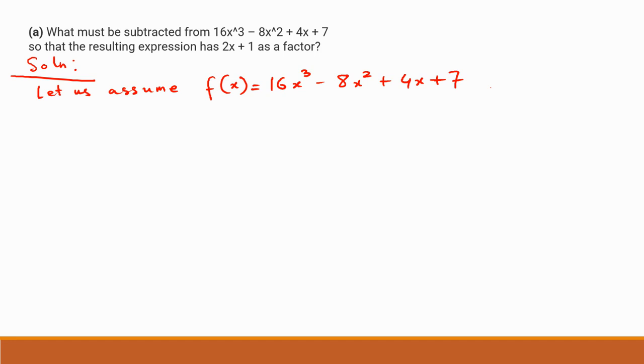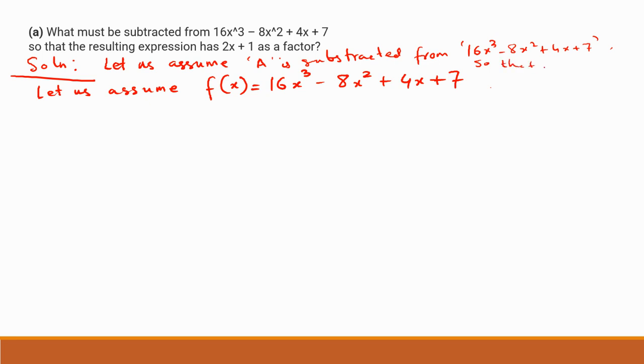What must be subtracted from this? Okay, I understand. We have to assume one more thing. Let us assume a is subtracted from this expression, 16x cube minus 8x square plus 4x plus 7, so that the resulting expression has 2x plus 1 as a factor.